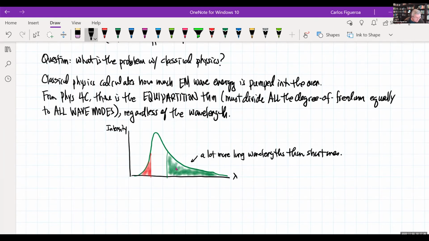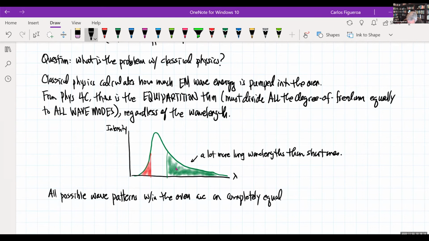So regardless of the wavelength, if I look at the equipartition theorem, it says that all possible waves, or wave patterns, I should say, not waves, within the oven are on completely equal footing when it comes for atomic oscillators to emit radiation into the cavity.